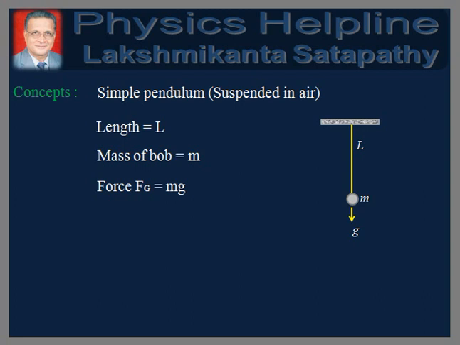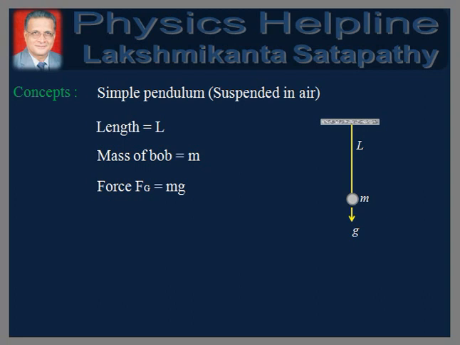Before proceeding to solve the problem, let us recall the related concepts. A simple pendulum is suspended in air as shown in the figure. Length of the pendulum is equal to L. Mass of the bob is equal to m. Therefore, the only force acting on it is the force of gravity, which is nothing but its own weight.